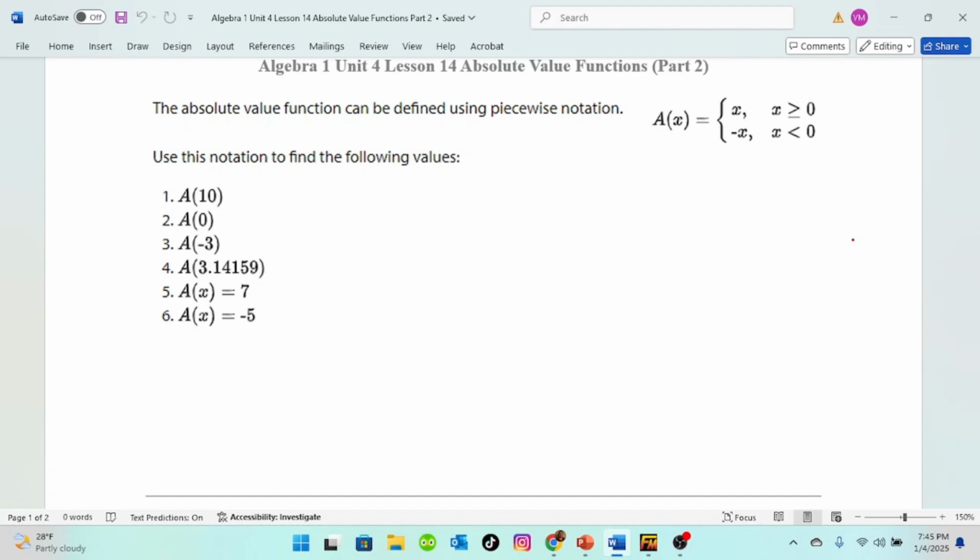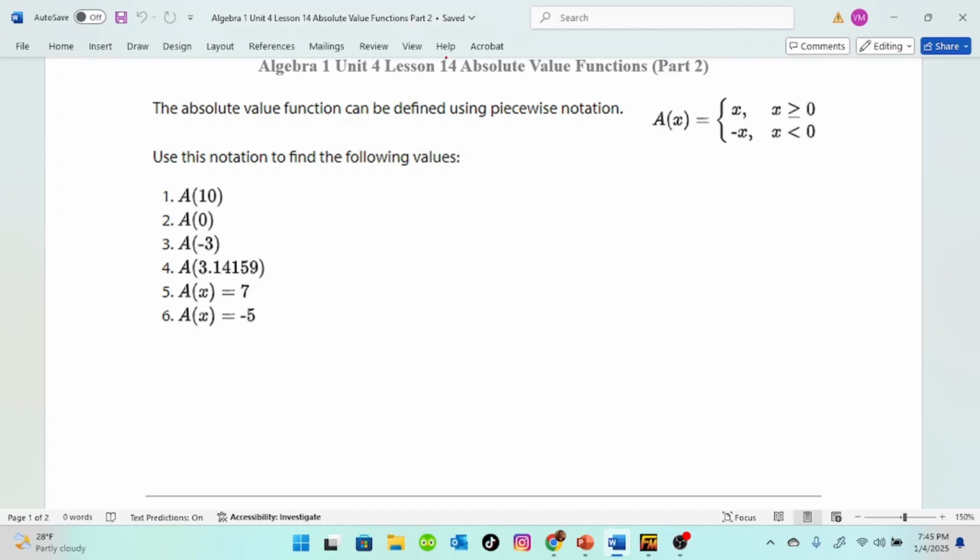So to make this really clear, what I want to do is write out what each of these rules says. Then I'm going to highlight them to color code them, and then I will highlight each of the problems 1 through 6 with the color that matches the rule they follow, and then I will give the actual values.